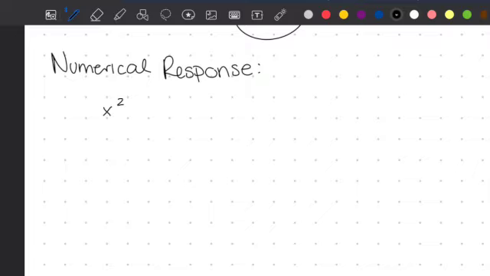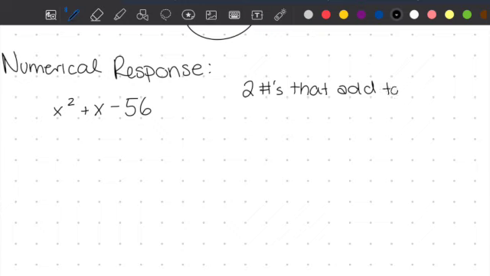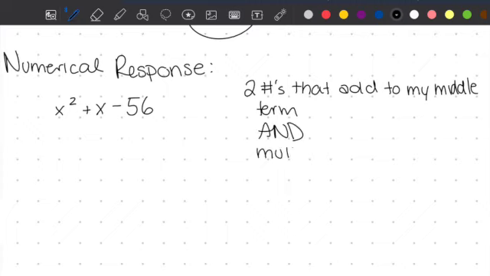So we have x squared plus x minus 56. When I factor things, I need to find two numbers that add to my middle term, and those same numbers need to multiply to my end term.